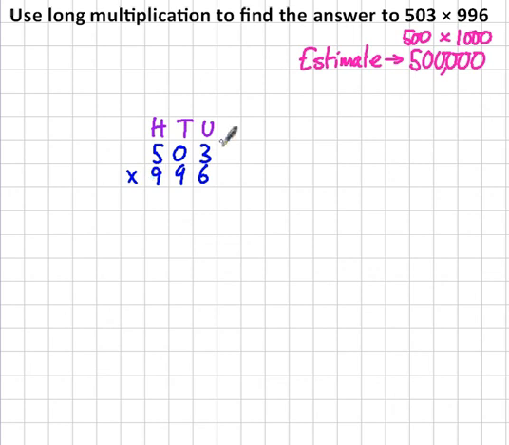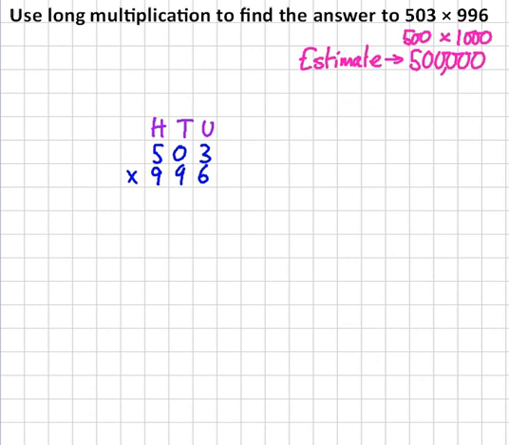If it was, say, 3 digits by 2 digits, let's say it was 503 times 99, then I would tend to write the 3-digit number on the top and the 2-digit number on the bottom. The more digits it has, I'm going to write that one on the top. In this case though, actually the answer will still come out the same, but that's just a habit I'm in.